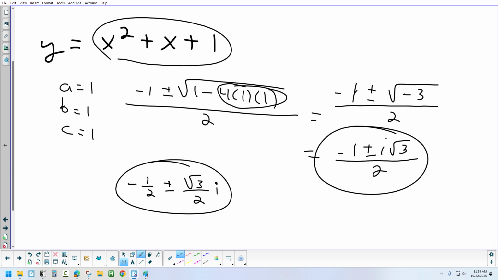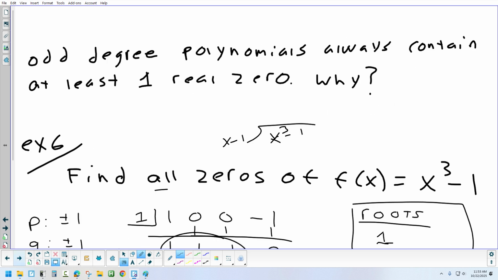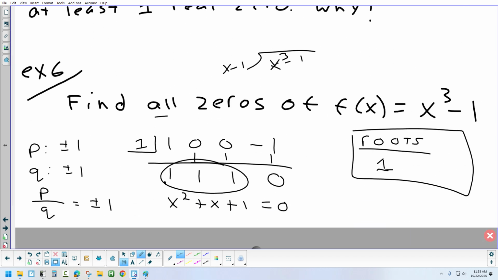Negative 1/2 plus or minus root 3 over 2 i. Those are your other two roots. Okay, so once you get it down to a quadratic, then you just use the quadratic formula, but you've got to use synthetic division first to get it to a quadratic.